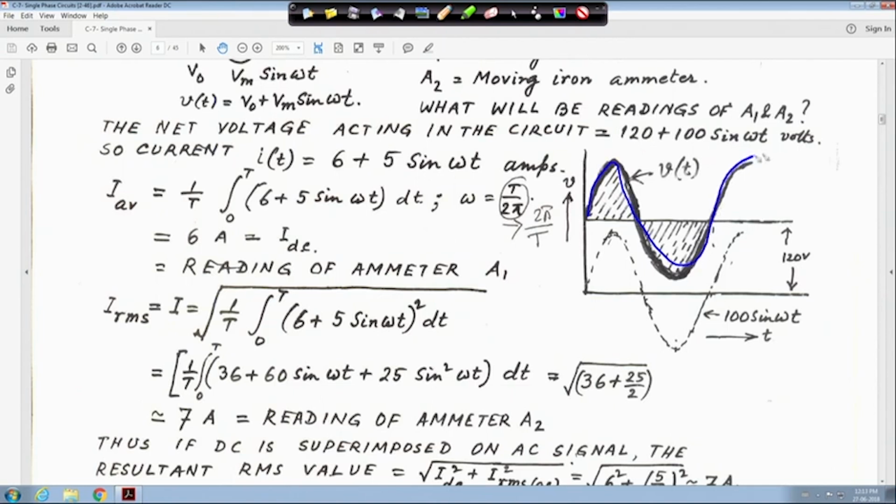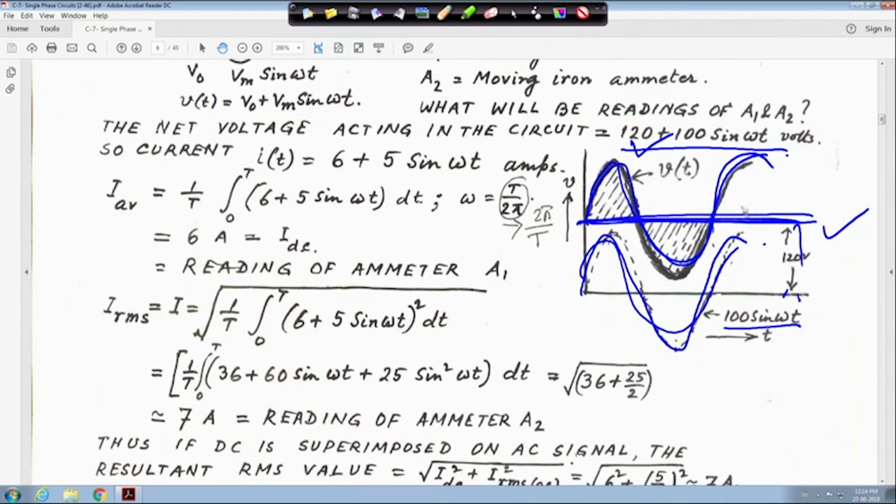This is the plot of V(t). This is 100 sin omega t, and this is 120 volt DC. If you add these two, you get this V(t). That means this plot is 120 plus 100 sin omega t. Individually, this is 100 sin omega t, and the DC is a constant line of 120 volt. So this is the resultant of these.